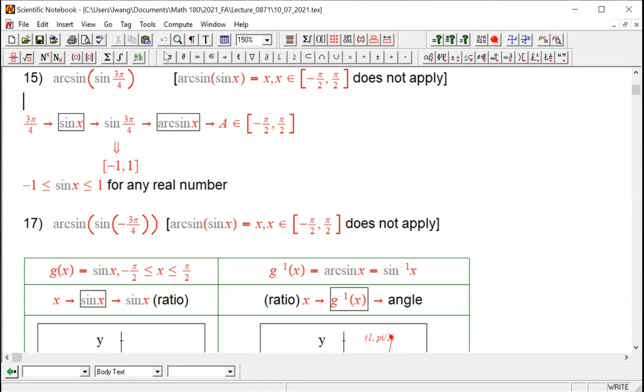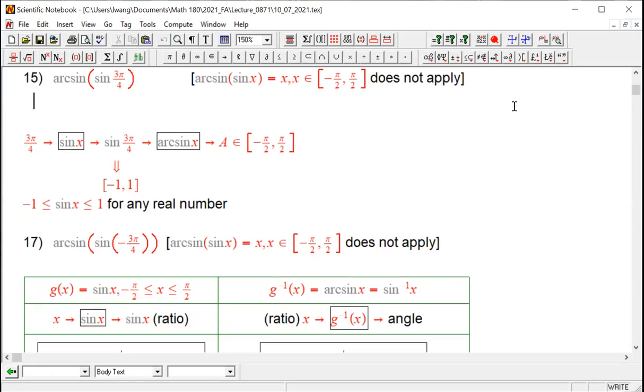No, that will never happen in your work. This refers to the sine as we know it, with the domain all real numbers, and 3 pi over 4 is one of the real numbers.